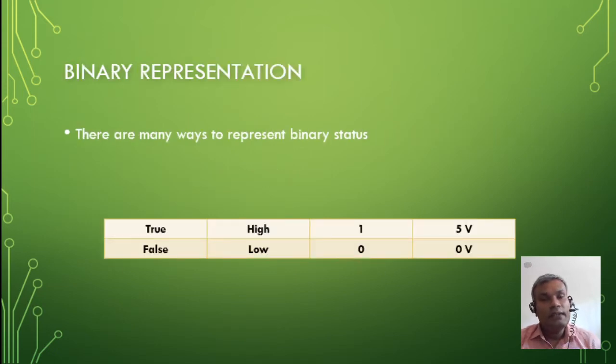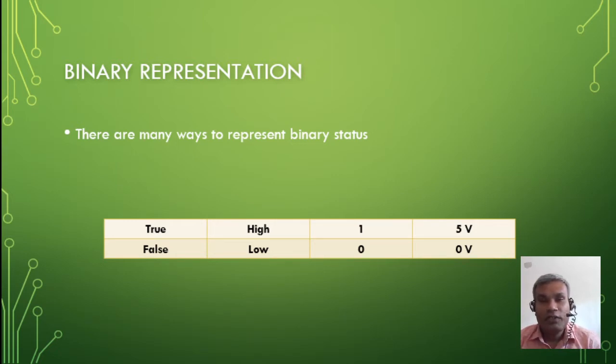Now, if a statement can be either true or false, we need a way to represent the two states. One of the obvious ways is to say true or false, but there are other equivalent representations as well. You can say high or low. Sometimes you use 1 or 0. In this course, we will be using 1 or 0 because that's how computers work.